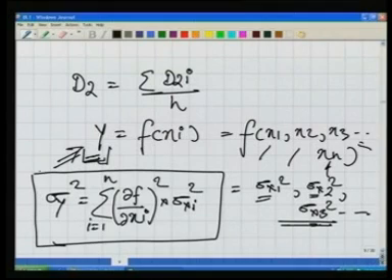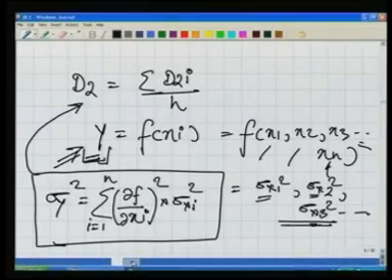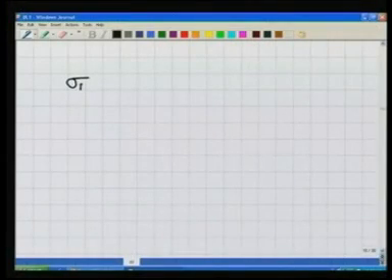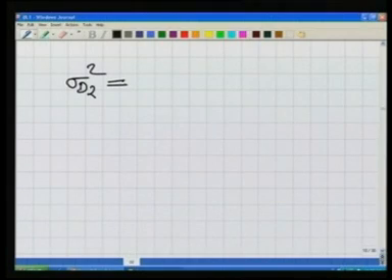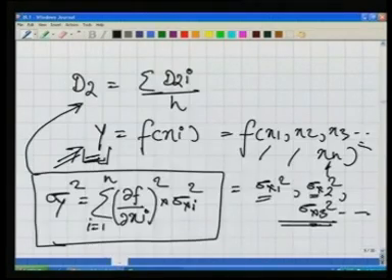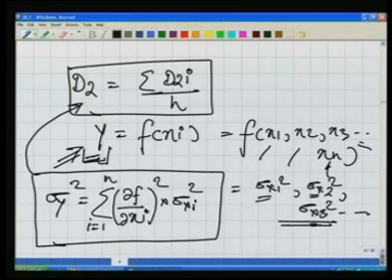Now we will try to use this formula. What we are interested in is sigma D2 square. How do we find it? If you take the note from here, we are going to differentiate D2 partially with respect to each individual D2i according to this formula.